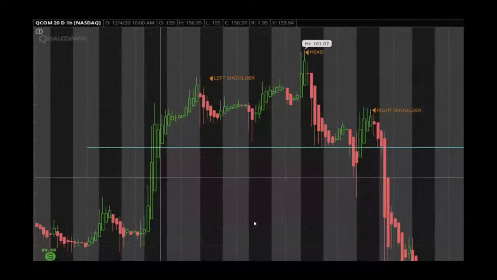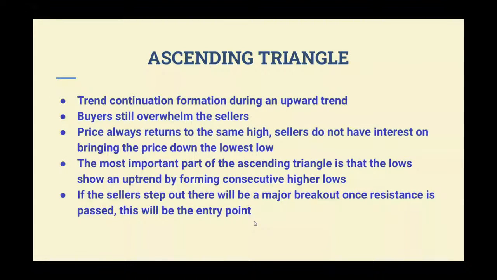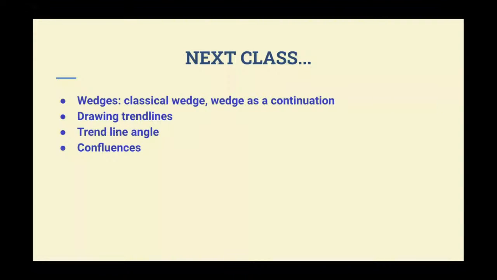You don't know it until you get exposed to it. But definitely trend lines, trend line angle, and confluence are good stuff to learn. So either next class or the class after, we're going to do this. But we're going to continue this session for sure. And the wedge is also good. It's similar to the triangle.